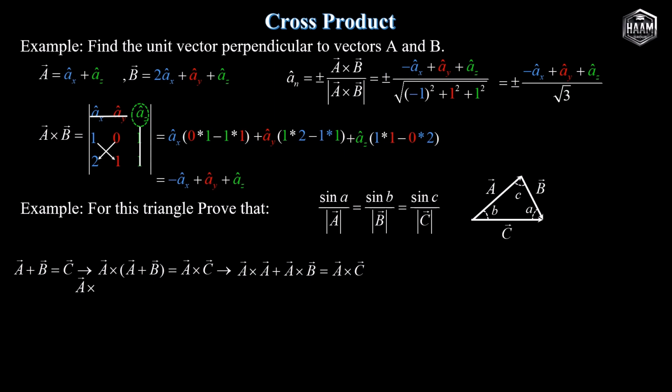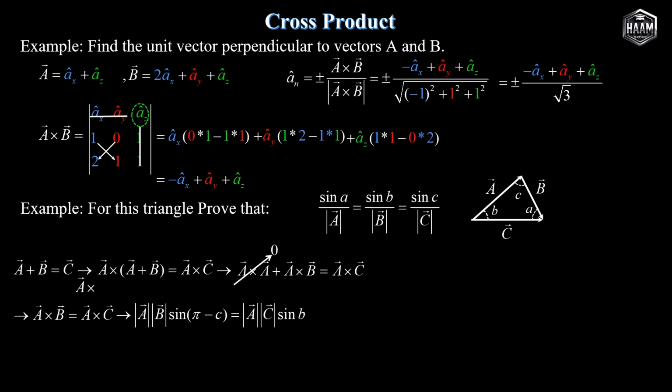Since the cross product of any vector with itself is 0 due to an angle of 0 degrees, the equation simplifies to a cross b equals a cross c. Taking the magnitude of both sides, the magnitude of a cross b equals the magnitude of a cross c.